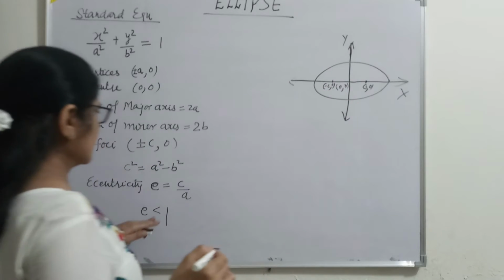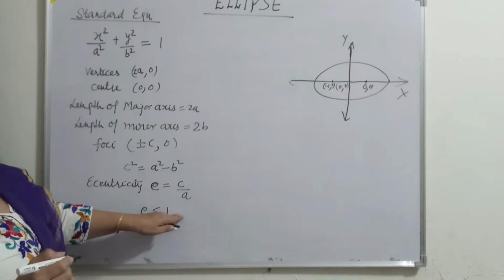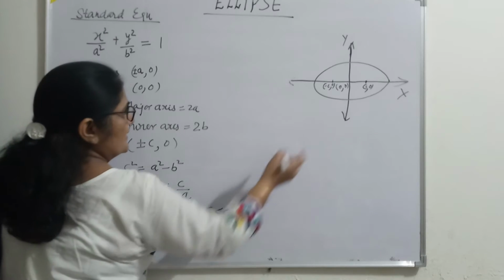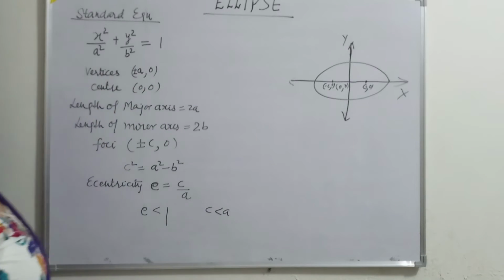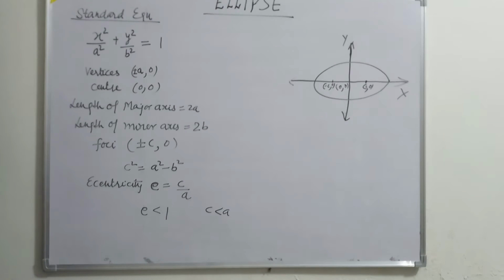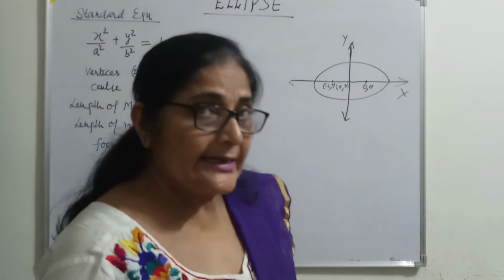As you see, eccentricity is c upon a, and c is less than a in this case. So the eccentricity of an ellipse is always less than 1. Remember. Now we are coming to the latus rectum.